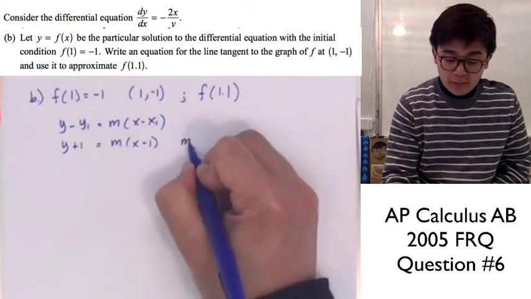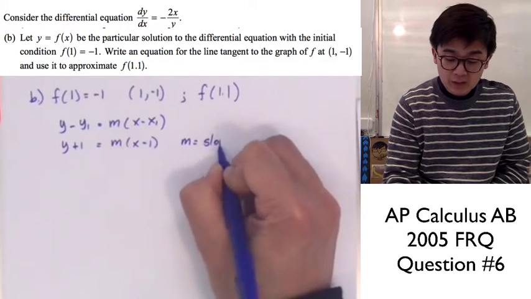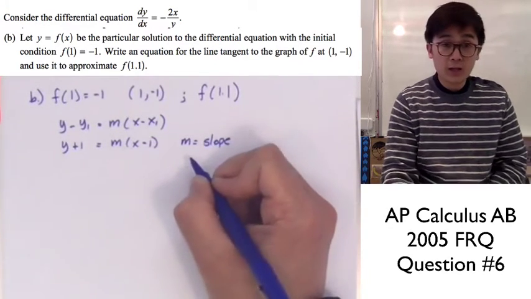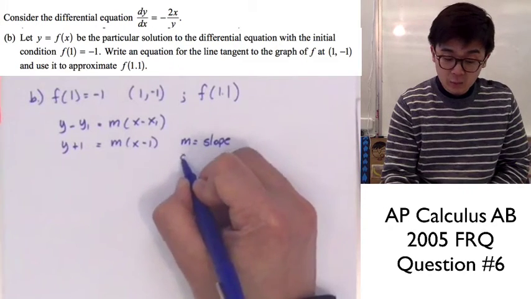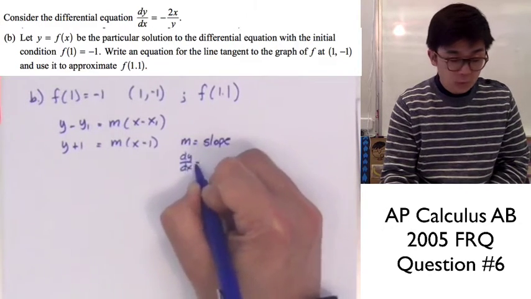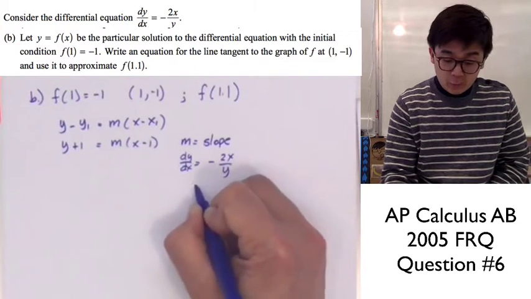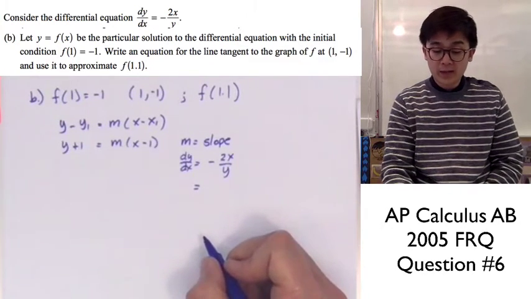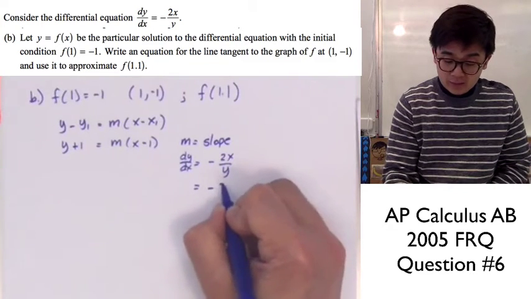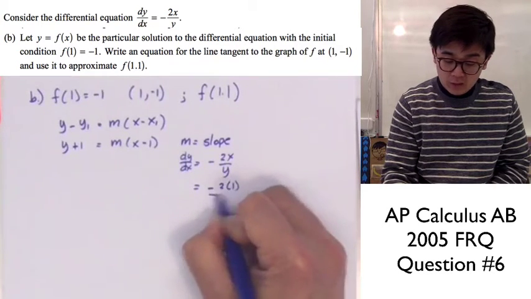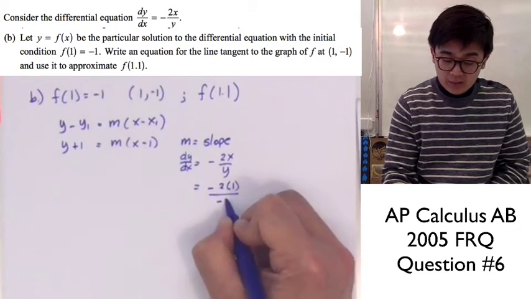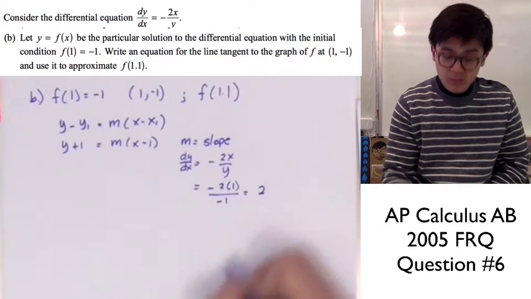To find m, all we need to do is find the slope of the function, which is given in our differential equation dy/dx, negative 2x all over y. Plugging in the point 1, negative 1, we have negative 2 times positive 1 all over negative 1, which is going to give us positive 2.